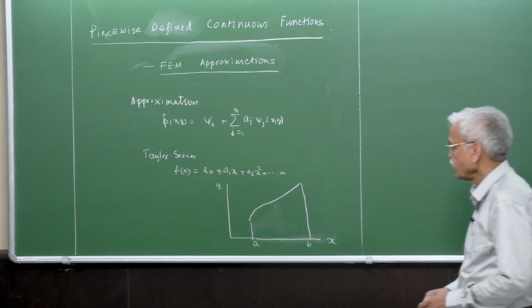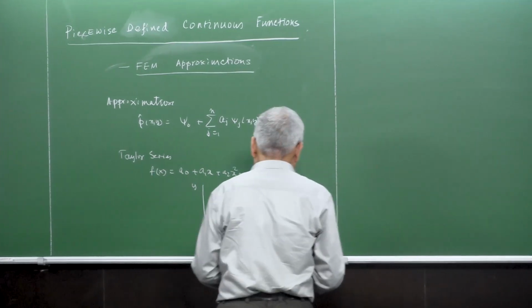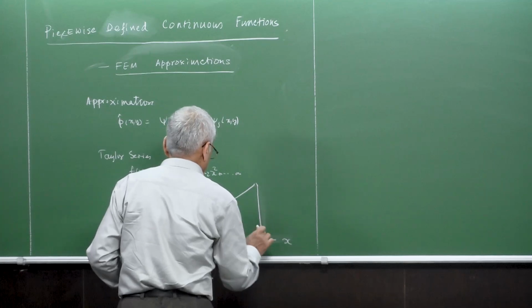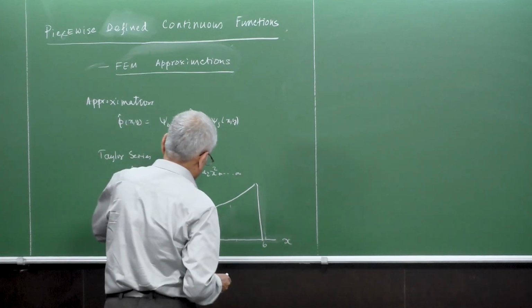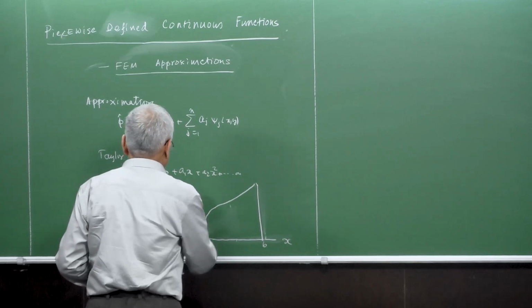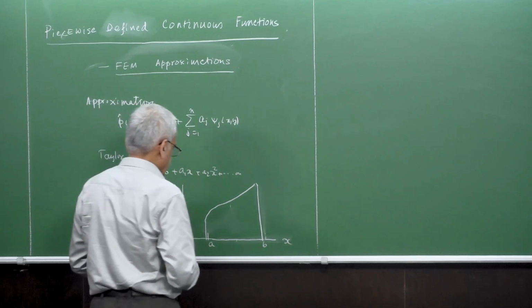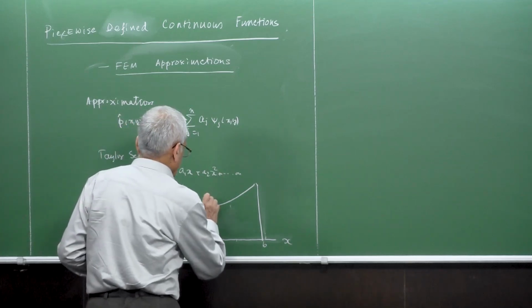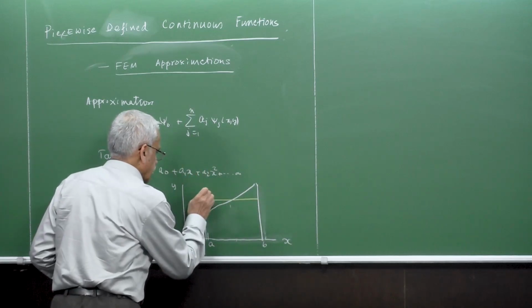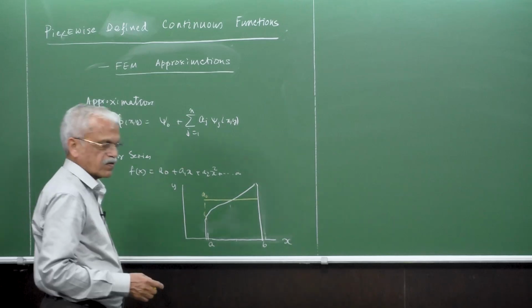For example, if this is approximated by the first term itself, just a0, then the best approximation would be somewhere here, a constant term.